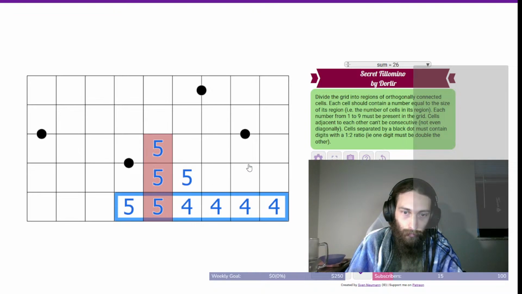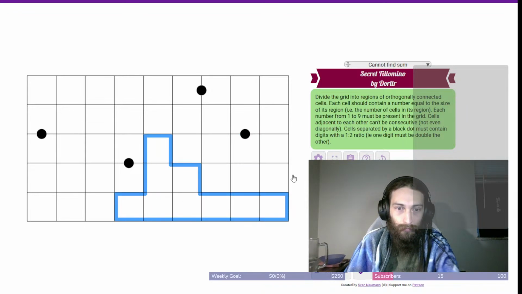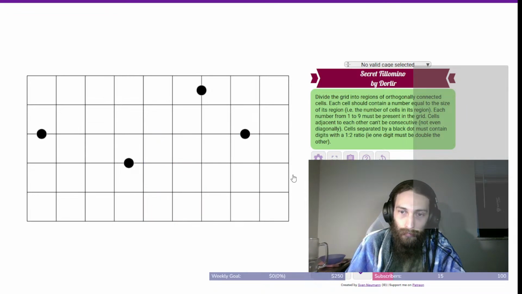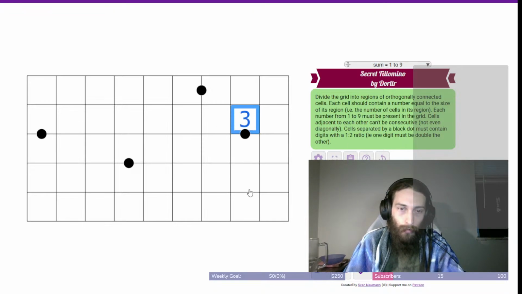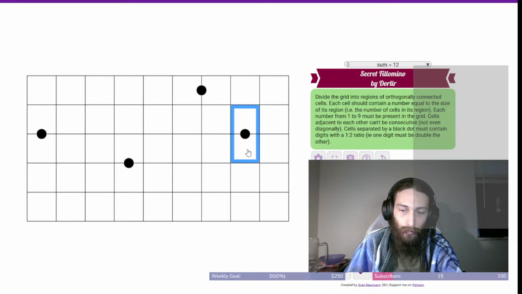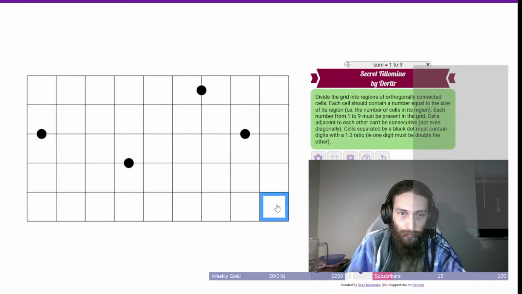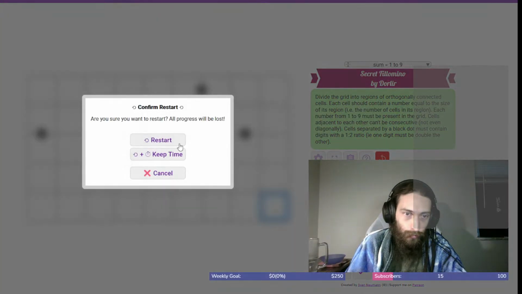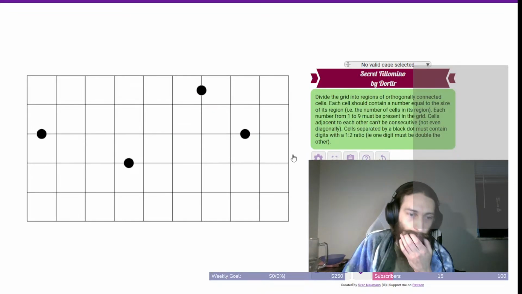That wouldn't be allowed because 5s and 4s can't be next to each other. And the 1 to 2 ratio means if I put a 3 here, I would put a 6 across. A 2 would be either a 1 or a 4, and a 4 could be 2 or an 8. But yeah, alright, I think that is our rules. So let's begin.